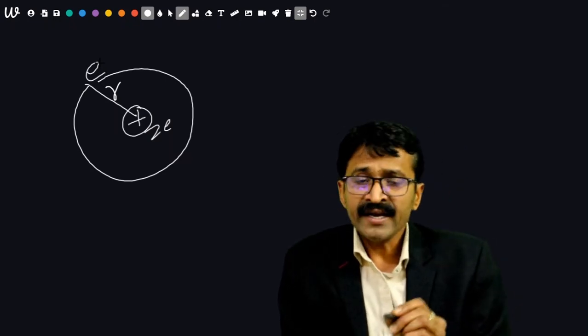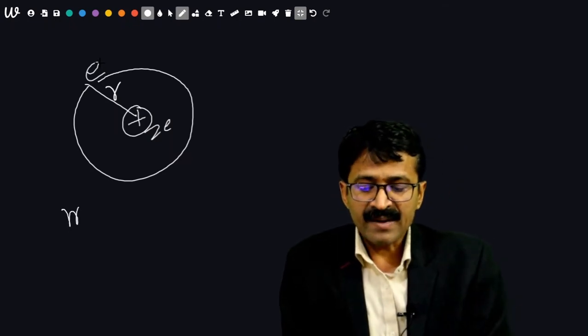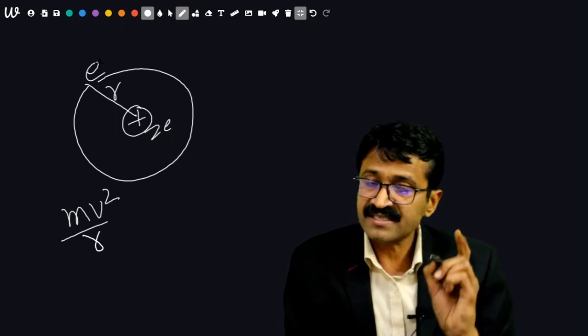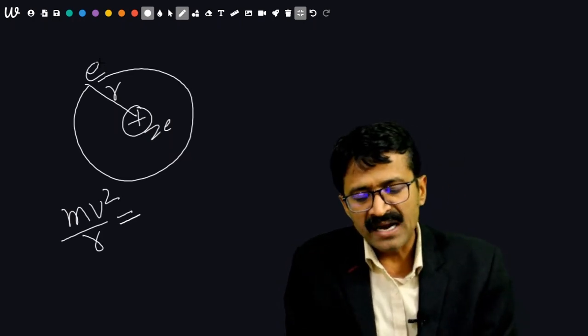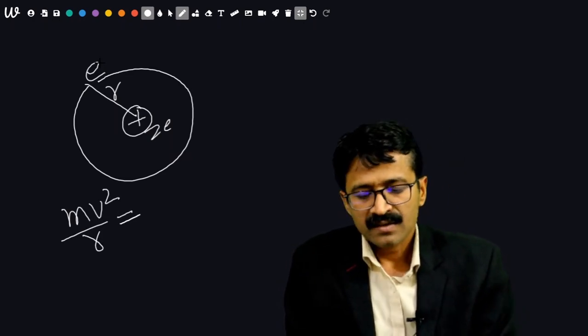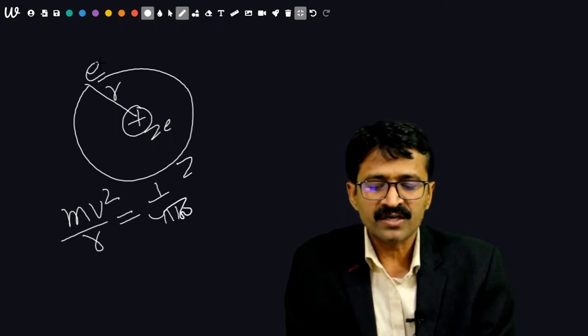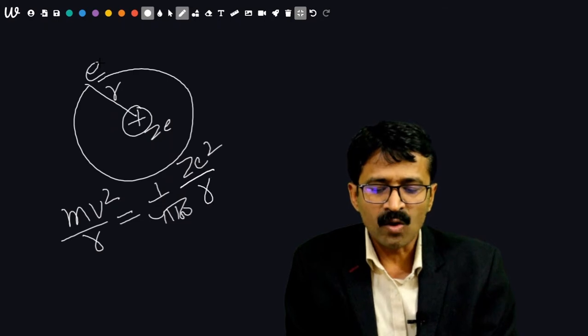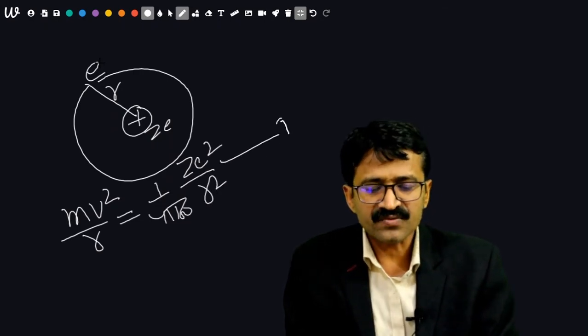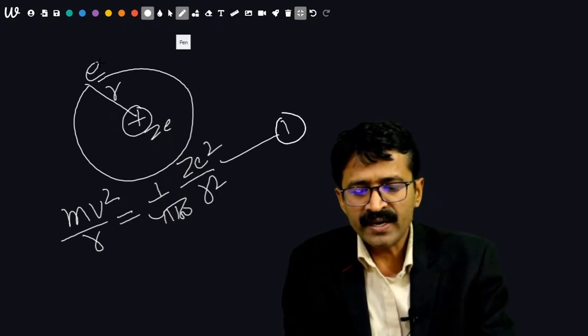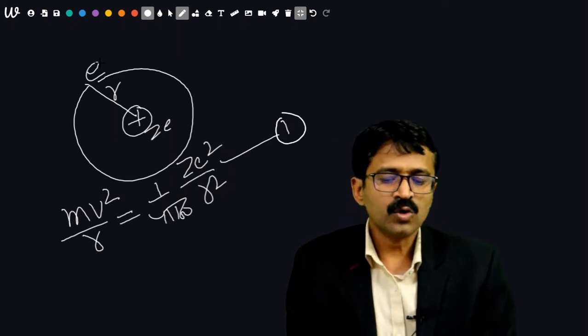Then mv square upon r, the centripetal force, should be balanced by 1 upon 4 pi epsilon naught Ze square upon r square. This is Bohr's first postulate.